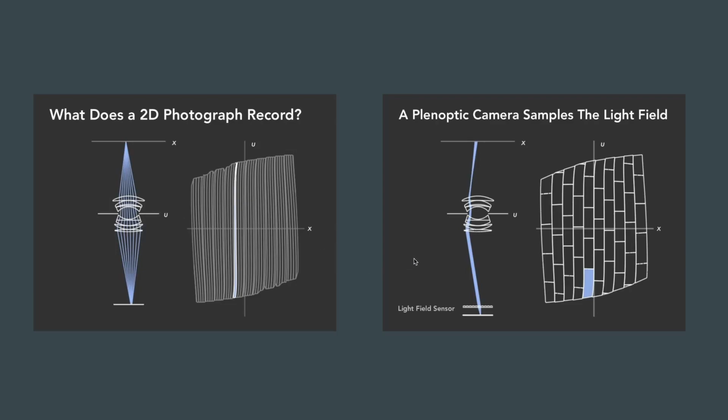For a plenoptic camera, we're actually going to keep track of this U coordinate, or kind of estimate it. So if you can see over here, we can differentiate the U value for rays. Not exactly, but in some range we can differentiate them.